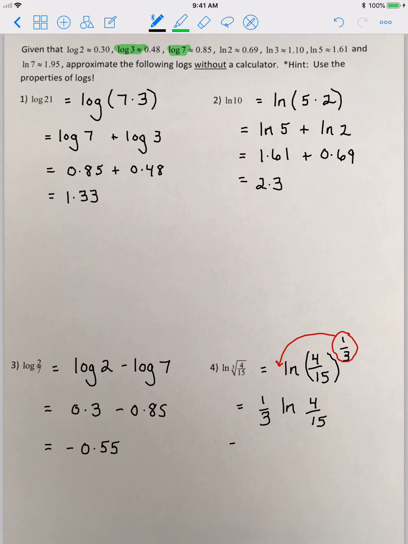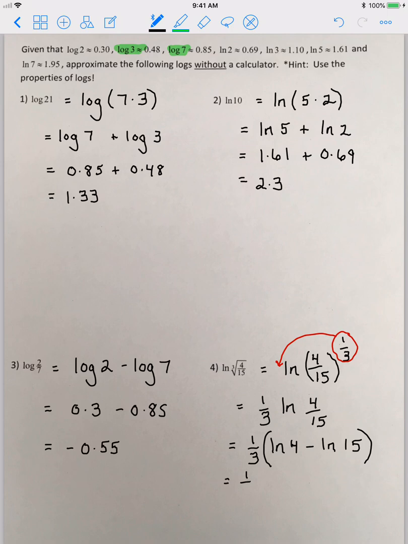Okay, so the 1/3 is going to stay out front, and then 4/15 I can now rewrite as the natural log of 4 minus the natural log of 15. But again, when I look up at my list, I don't have a natural log of 4 and I don't have a natural log of 15, but I can rewrite both of those as things I do have natural logs of.